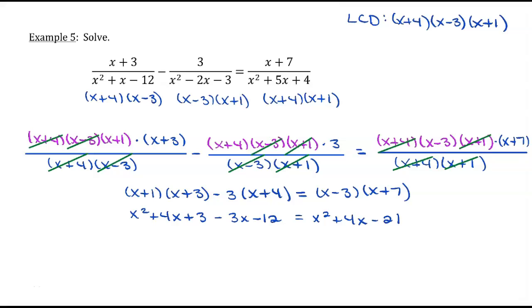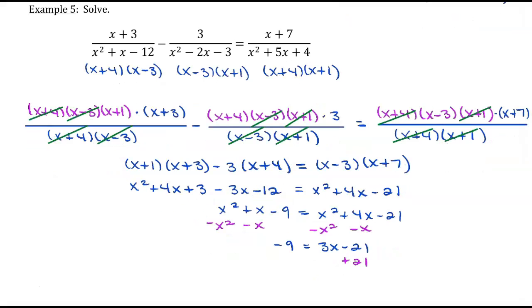Combining like terms on the left, we have x squared plus x minus 9. Notice that subtracting x squared from both sides of the equation gets rid of the x squared term. Subtracting x from both sides of the equation gives us negative 9 is equal to 3x minus 21. Adding 21 to both sides of the equation, we have 12 equals 3x.